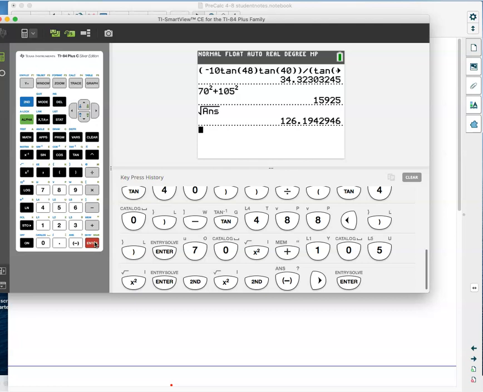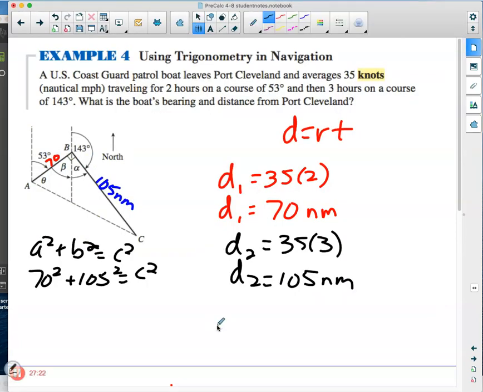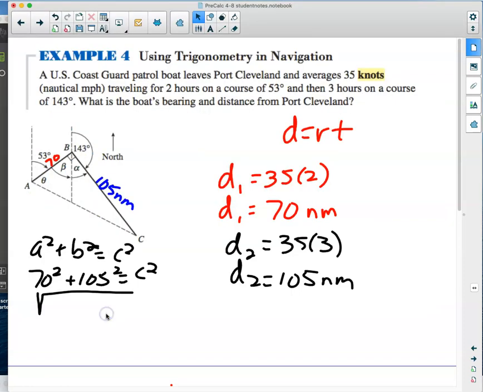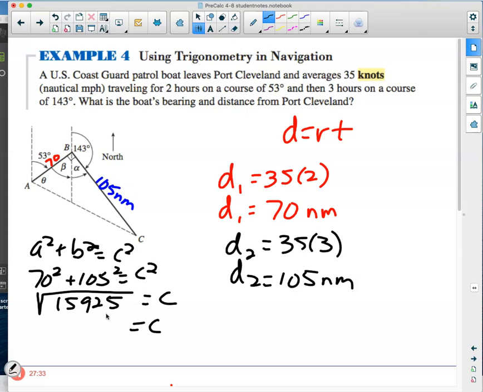Those of you that are punching it in, make sure I'm punching it in right too. Get it all down here. 126.194 nautical miles.